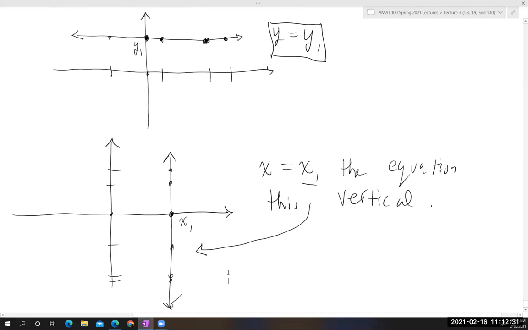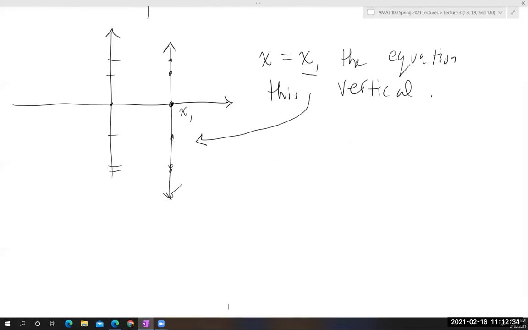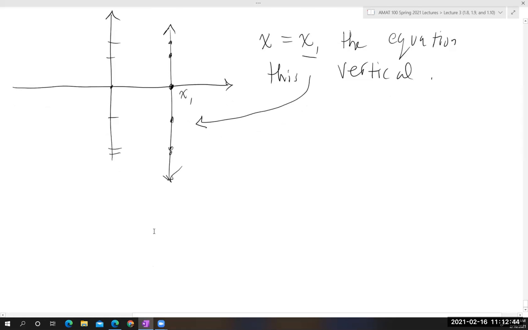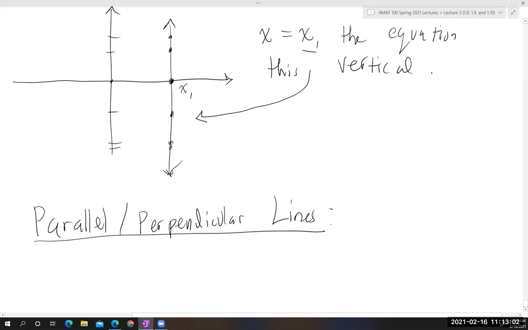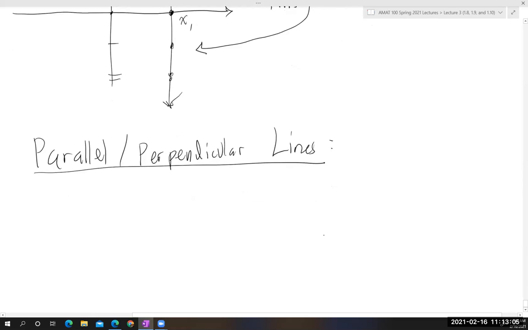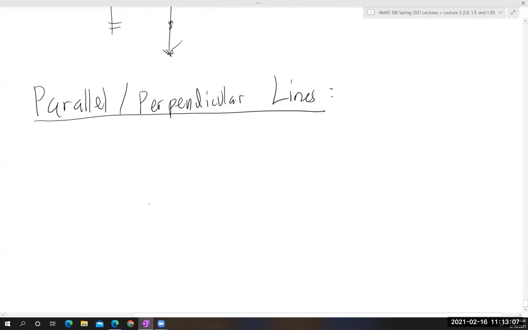So now let's look at the last thing in this section, which is parallel and perpendicular lines. Let's look at parallel lines first.